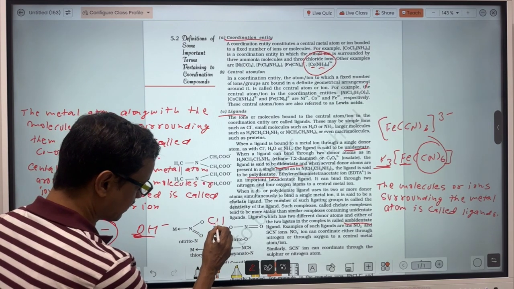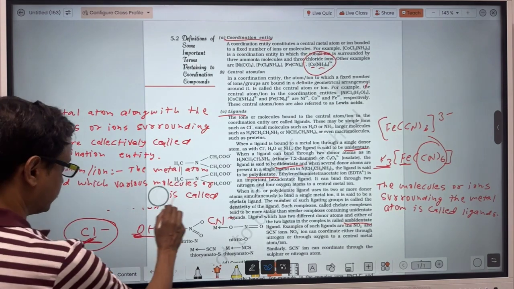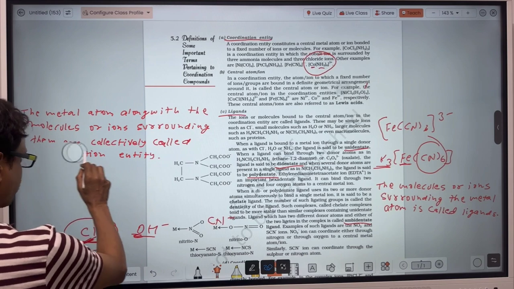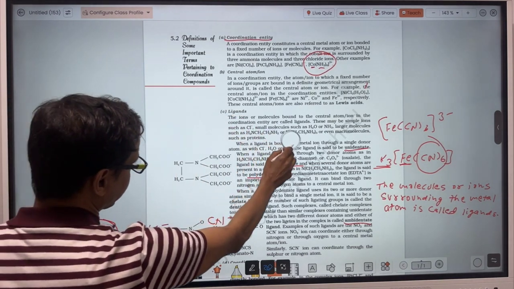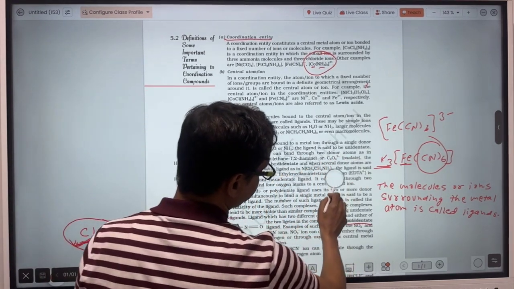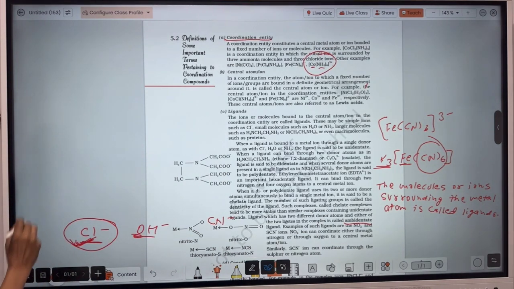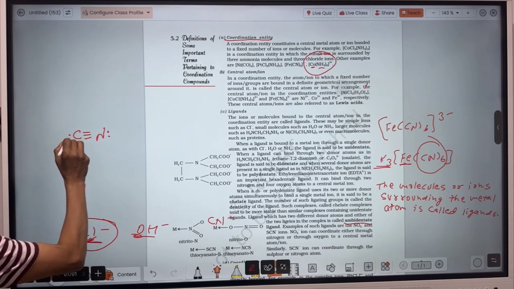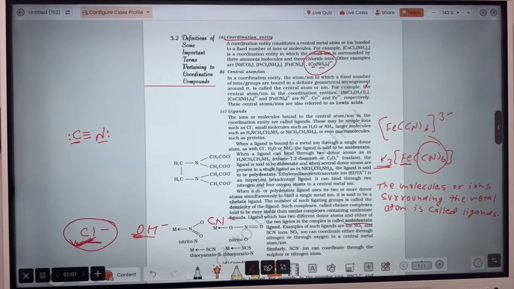But when you consider CN minus, in case of CN minus, both carbon as well as nitrogen contain a lone pair of electrons. So carbon can be bonded to the central atom, and nitrogen can also be bonded to the central atom.